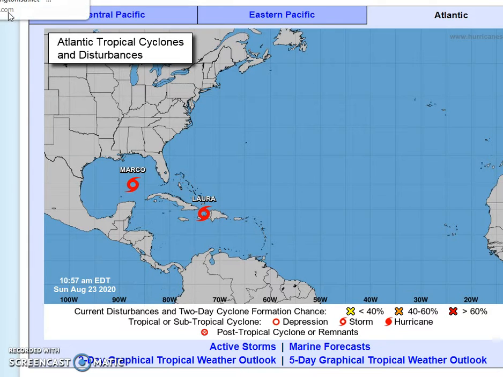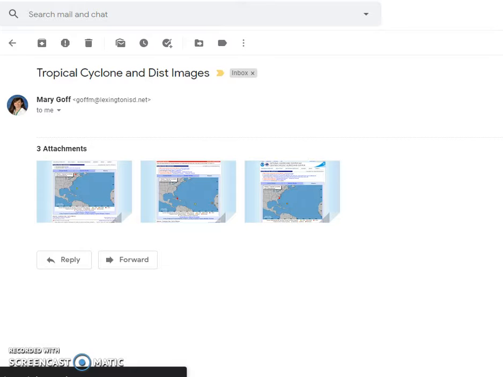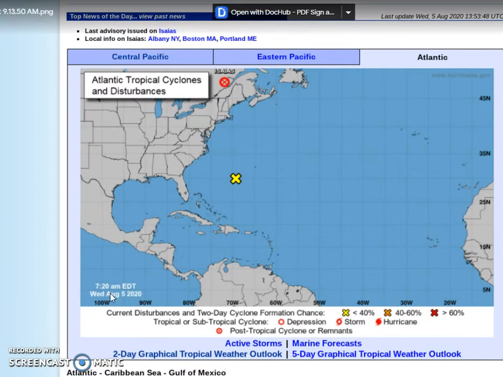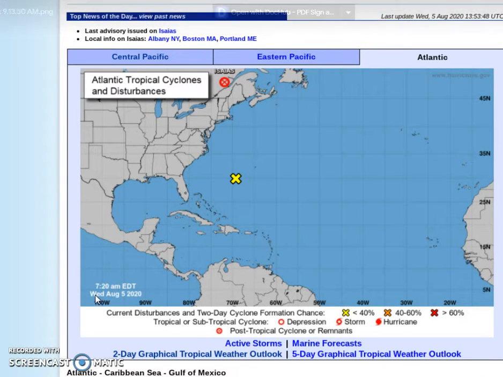Okay. All right. Let me go through some other pictures. These are from earlier in this month. So for instance, if you were looking at this graphic and were being asked to record some information, first of all, here is where you would find your date and time.